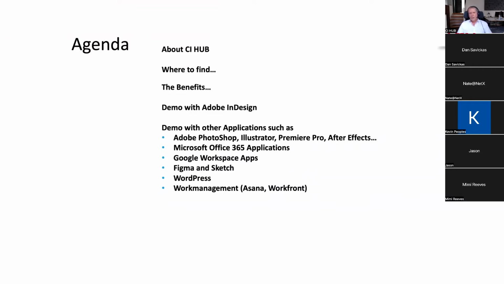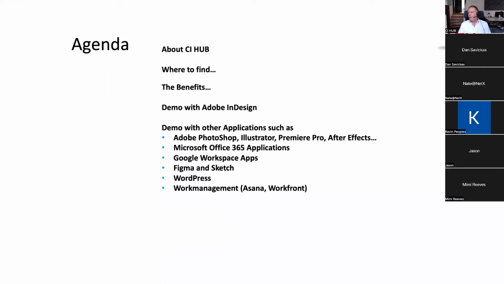I would prefer to do Premiere Pro because this is something about video. Photoshop and Illustrator will be the same as what you can see in Adobe InDesign. And of course, if there is time, we can do some stuff in Adobe After Effects.